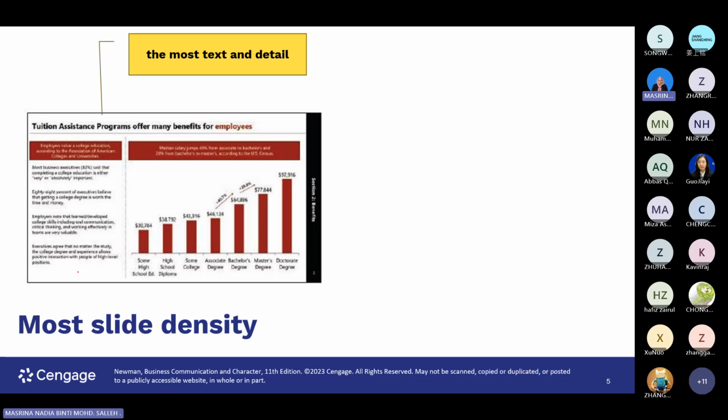So you just provide this for individuals to read through by themselves. That is the purpose. Because of that, this slide has the most text and details, as you can see. On the left side, it's a paragraph full of text, full of explanations, because again this design is not meant for presentations.